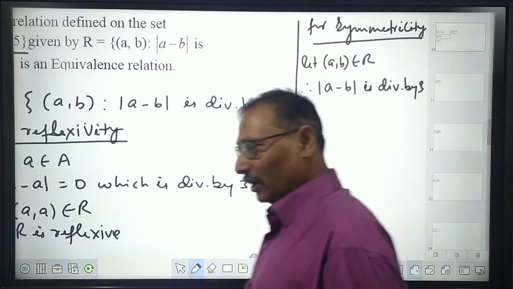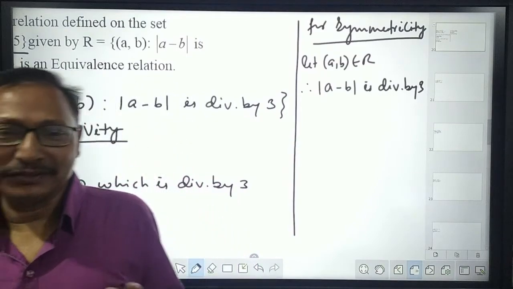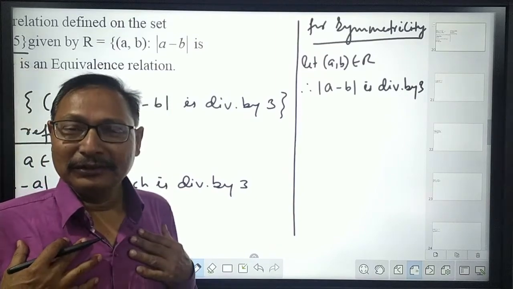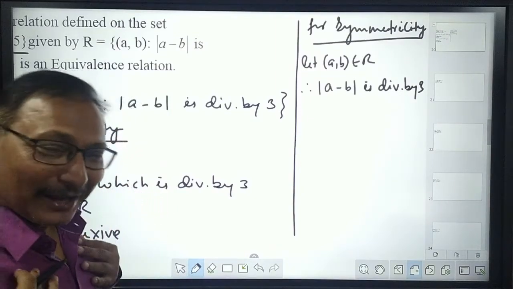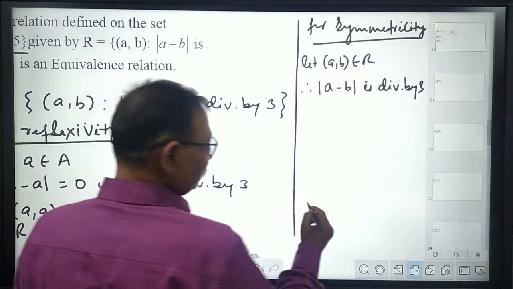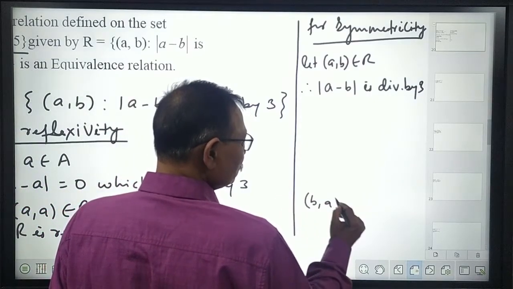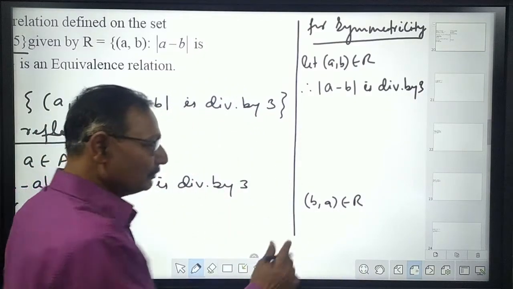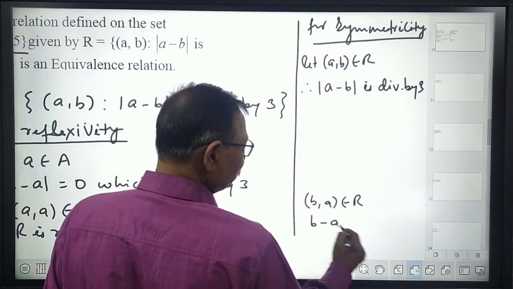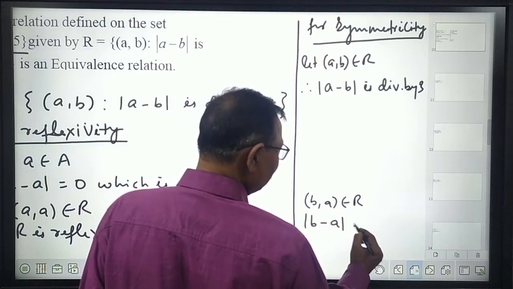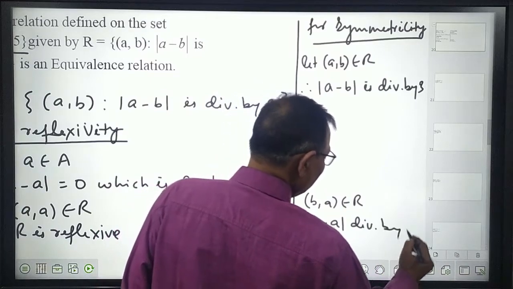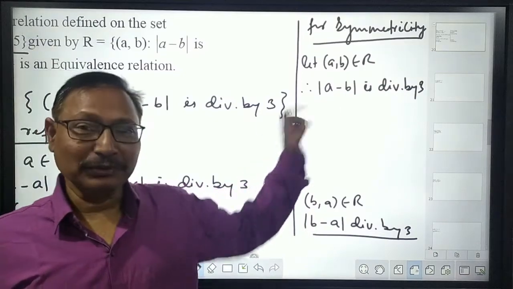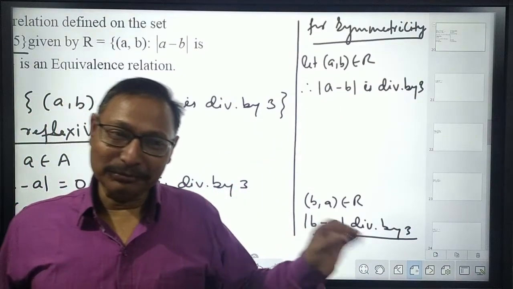Okay, so A minus B modulus is divisible by 3, and now I want to show that B comma A belongs to R, and it will belong to R only when modulus of the difference of these two will be divisible by 3. Check it. This is the negative of this one.